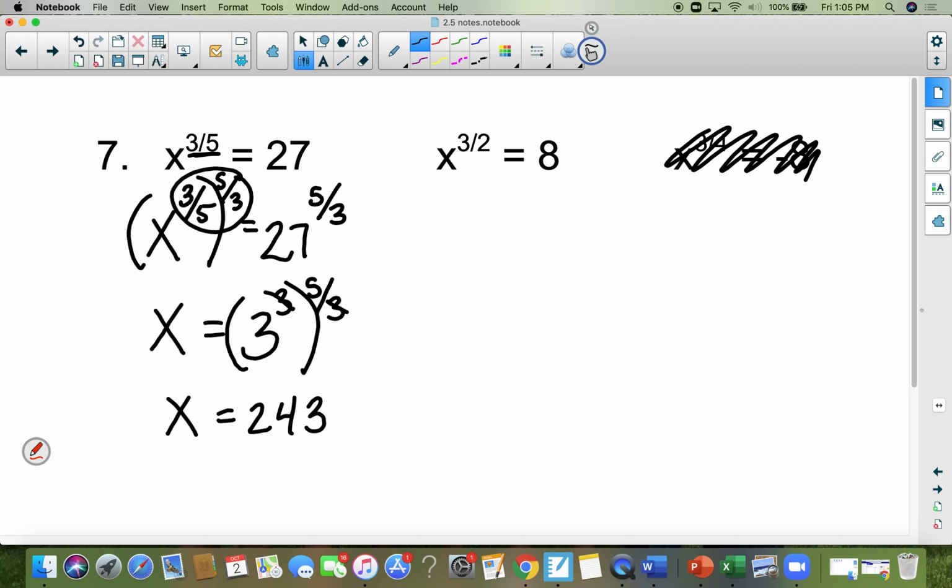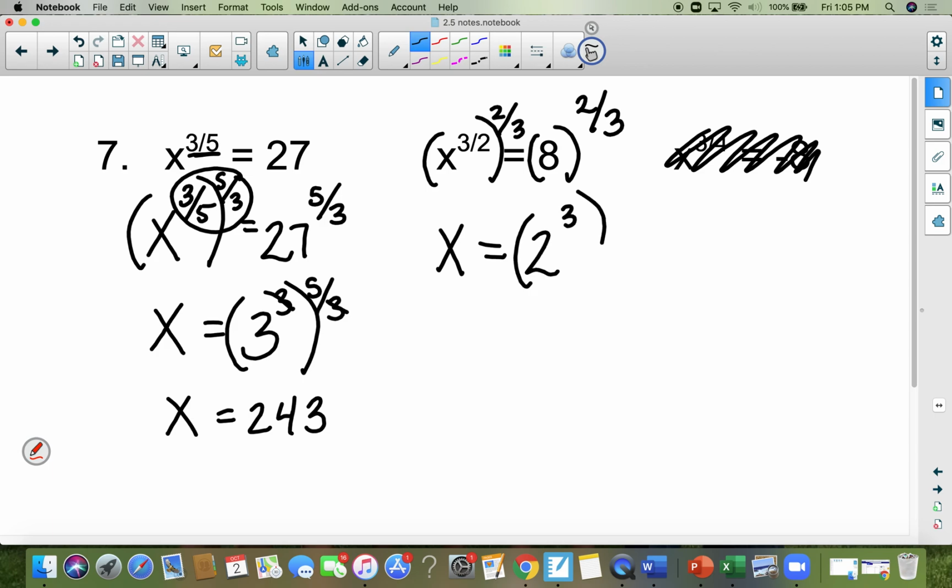Same thing with this one. You want to get x alone. You're going to raise both sides to the 2/3 power. X equals, change 8 to 2 to the 3rd, which is the same thing as 8 raised to the 2/3. Goodbye to the 3's. X is equal to 4.